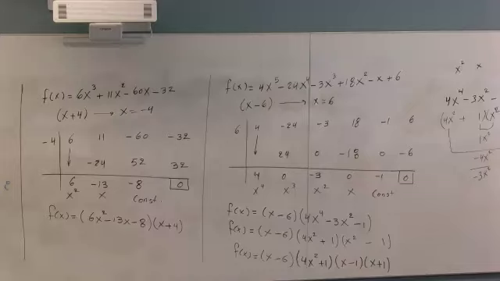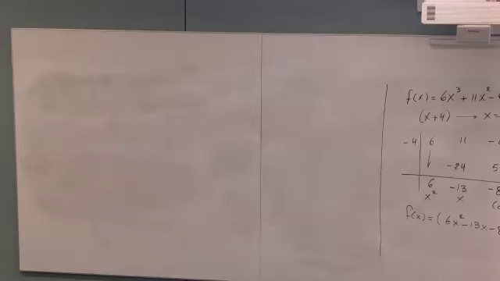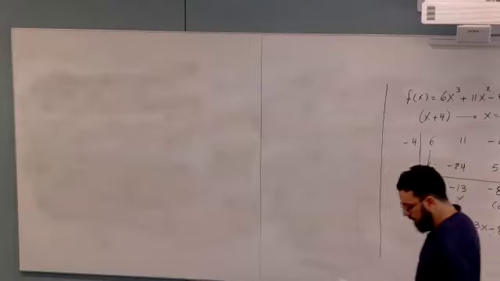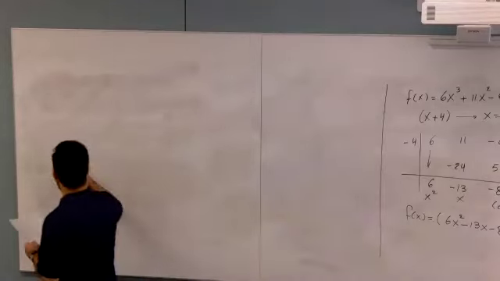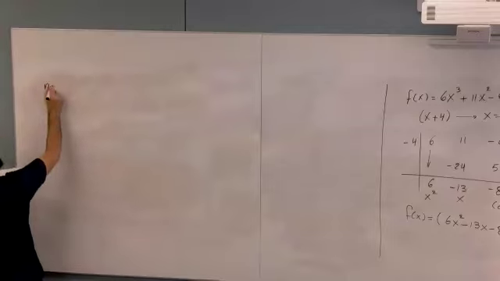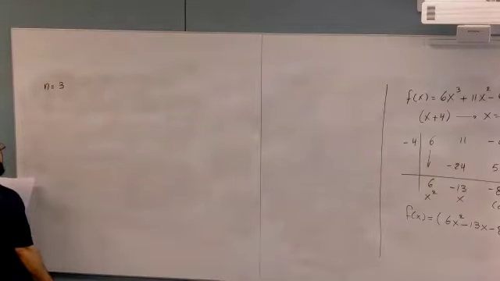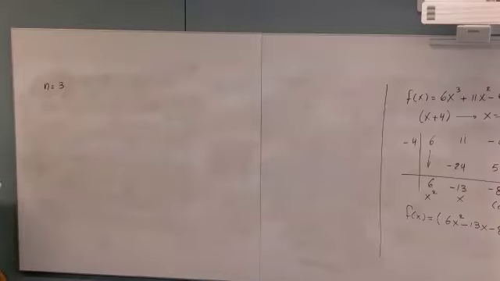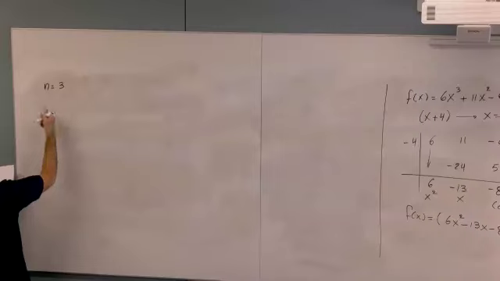Last question. It's telling you to write a polynomial of degree 3. Okay? Degree 3, that means the highest exponent equals 3. With 2 zeros. The first 0 equals what? 2.